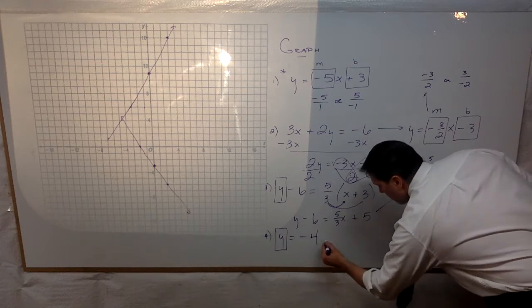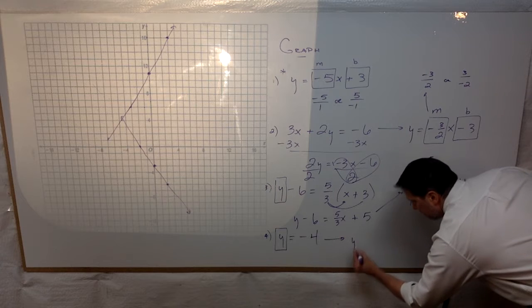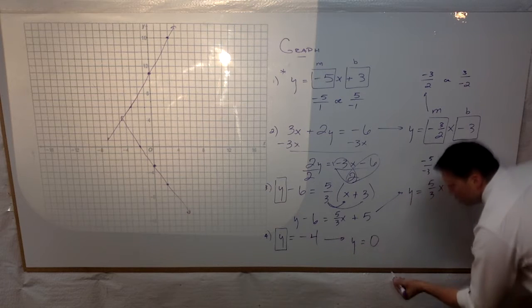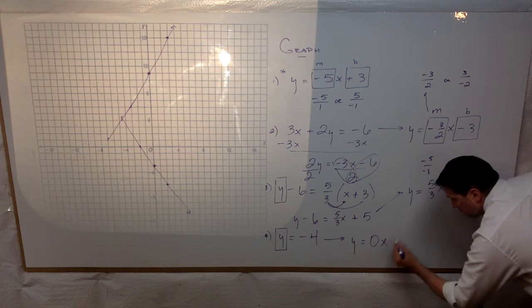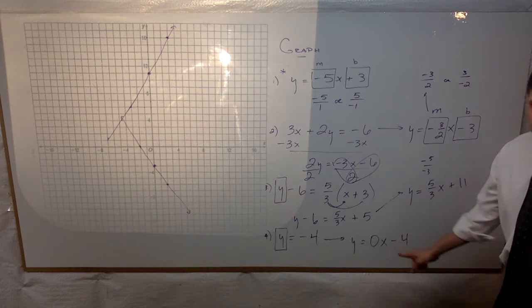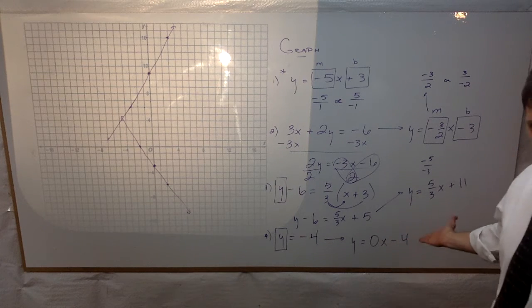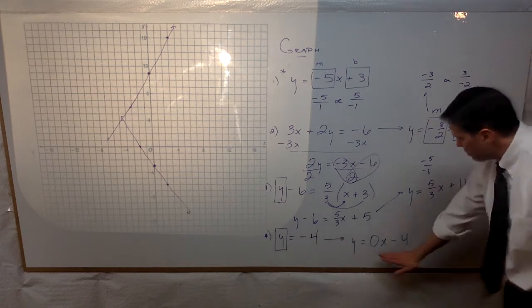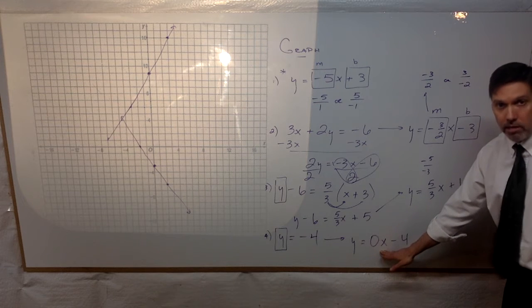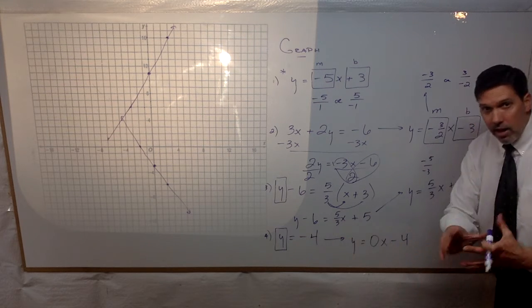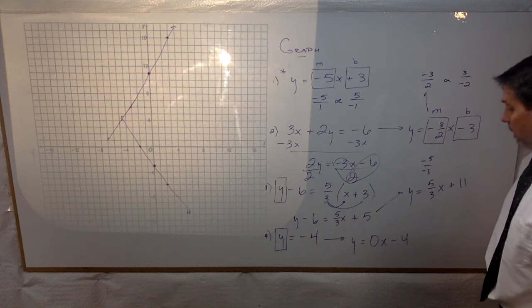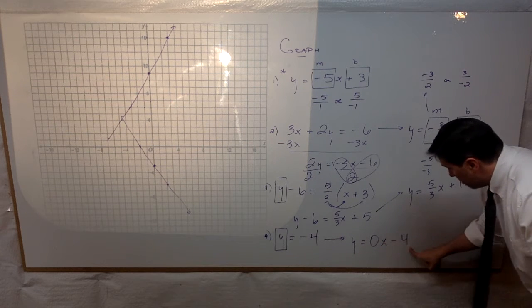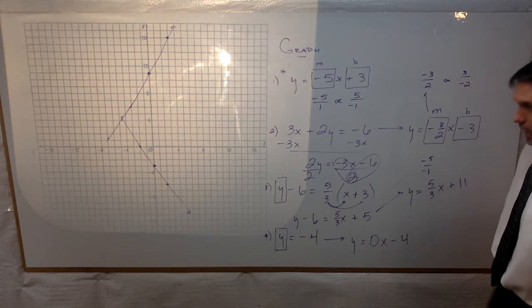In other words, they could have written this equation as y equals 0 times x minus 4. But nobody writes 0 times anything because 0 times anything is just 0, so why even bother writing it? And they don't. So that's what you have to kind of gather from an equation like that. So with this in mind, we have a y-intercept of negative 4.